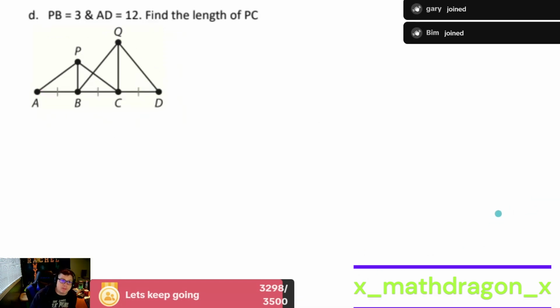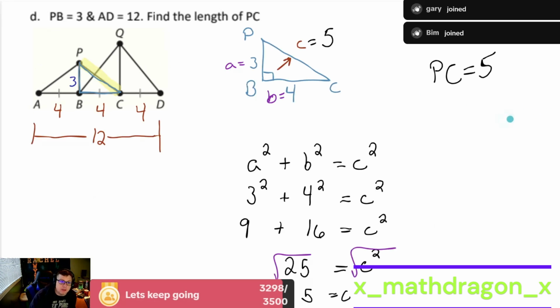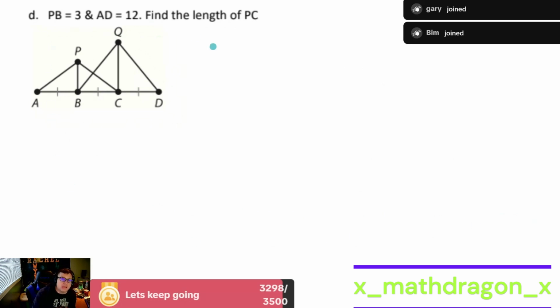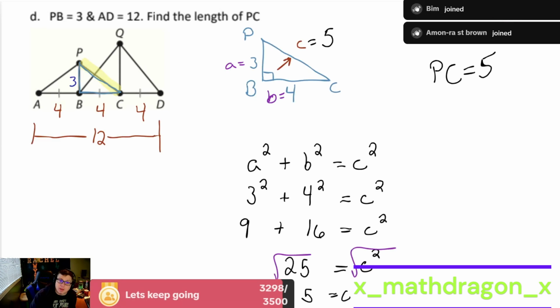All right, last one. We have PB equals 3. Oh, I just gave the solution for this one. So give this one a try, but talk about PB being 3, AD being 12. We're going to break it up and then find PC. I did that, and when I know the whole thing is 12, that tells me that each piece here is 4.